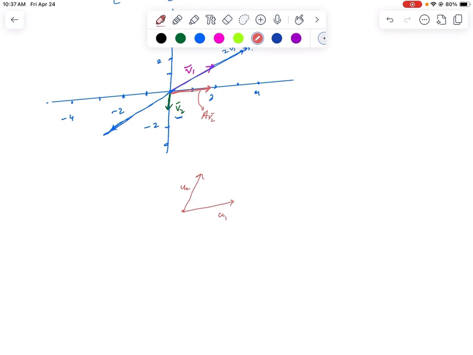So they form a plane. Right now I am in the plane of this paper. If we add them, remember the triangle law rule, this will be the sum of u1 and u2. So this will also be in the same plane. So this will also be an eigenvector.